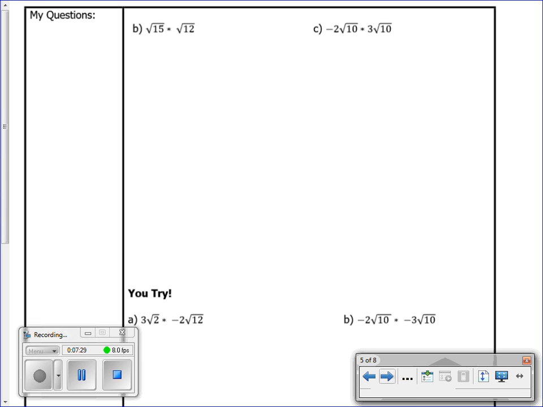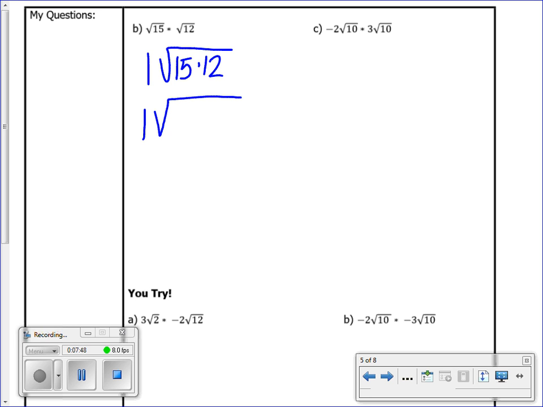Letter B, same idea. Multiply the outsides, multiply the insides, and simplify. Our outside numbers for letter B are 1 and 1. So that's just going to give us 1 square root, and now we have to multiply 15 times 12. So we get 1 square root, 15 times 12 is 180.